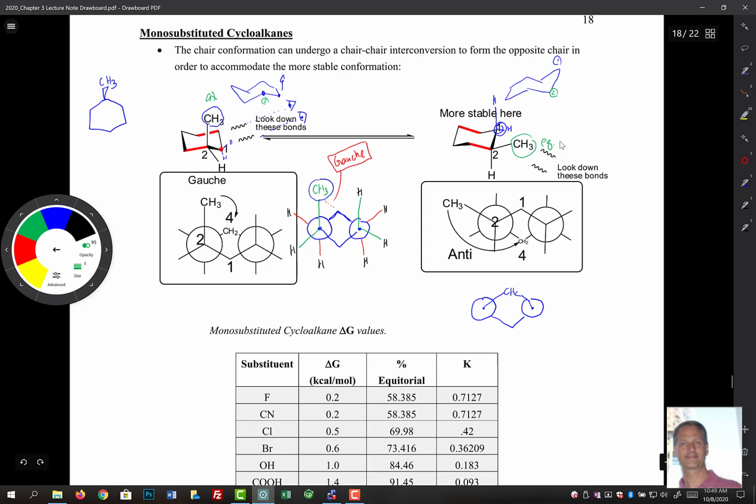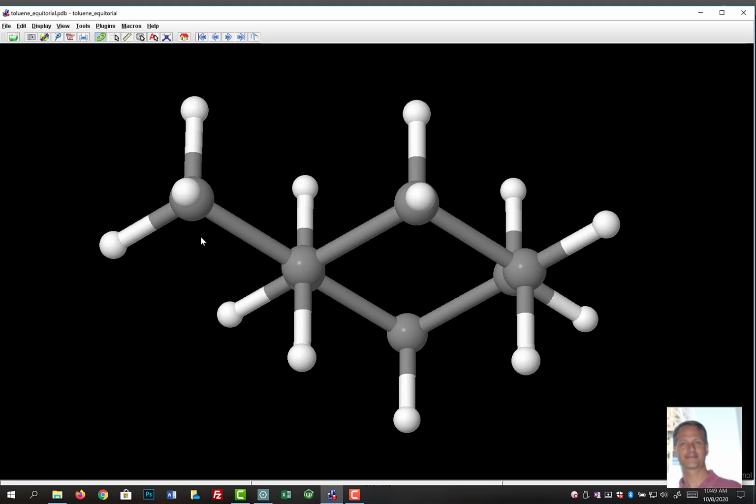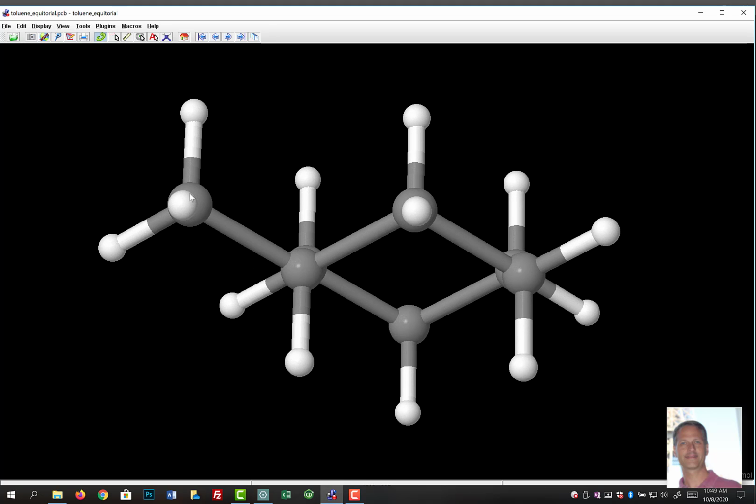And again, we're locked in right now. So that means we need to draw these nice little Mercedes symbols here. So we're going to come down and do that. And in the back, because we know that on the chair we are not eclipsed, we are staggered, we're going to put it in just like this. And what we're going to see in that picture is that that CH3 is actually pointing outwards.